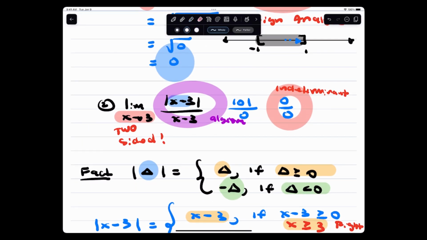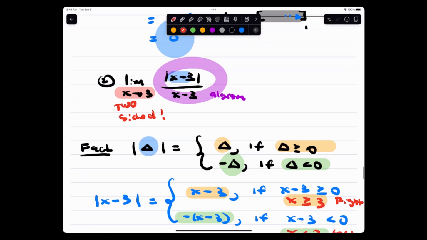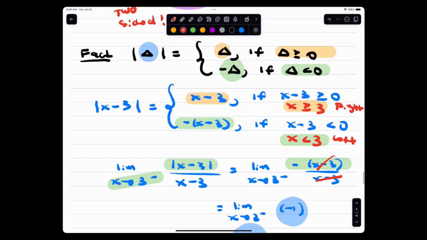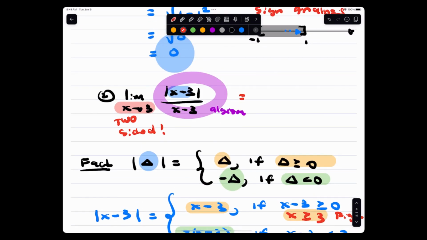This is the algebra they're talking about. Now, you say, I know the answer because these are not the same. Negative 1 is not the same as positive 1. What do you say about this question? The limit does not exist. Does not exist.